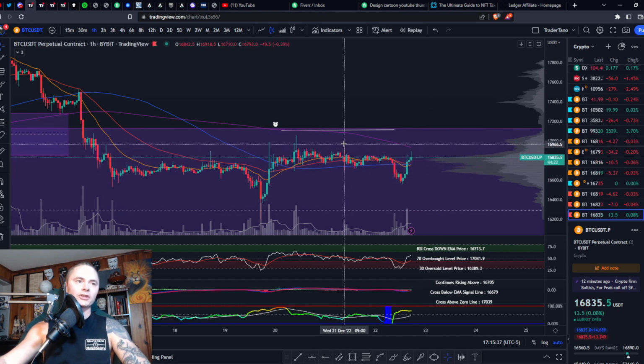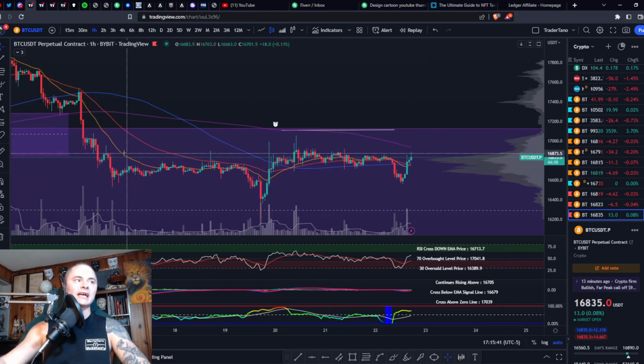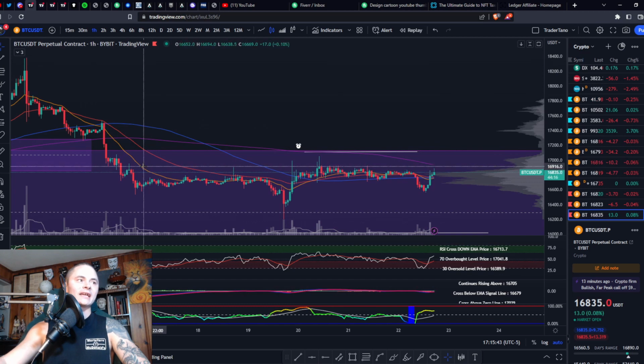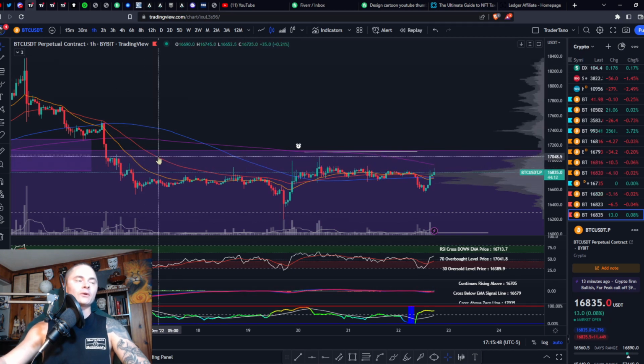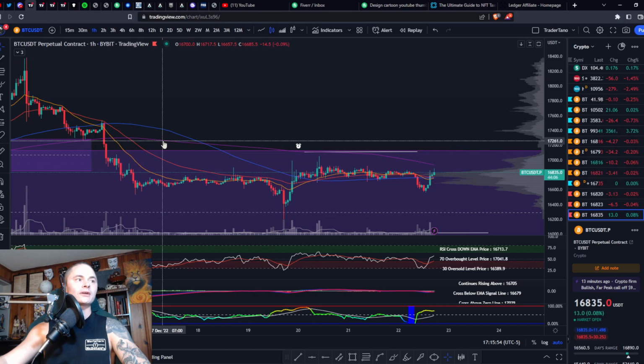First, we're going to go over the chart layout so you can see what I'm seeing. Then we will move on to the analysis. Right here we have your yellow 21 EMA, your red 50 EMA, your blue 100 SMA, and your 200 purple SMA.